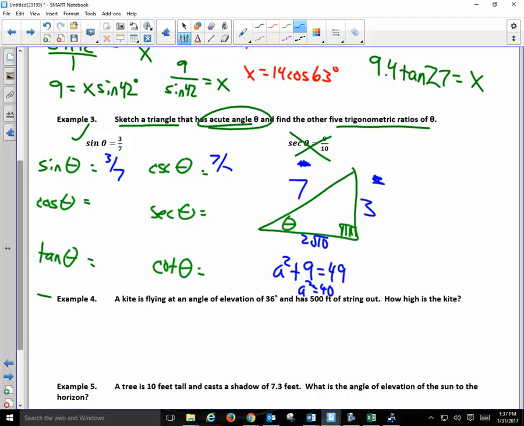Cosecant, 7 over 3. Cosine, 2 roots of 10 over 7. Secant, I have to flip it. So 7 over 2 roots of 10, multiplied top and bottom by the root of 10, and we get 7 roots of 10 over 20.